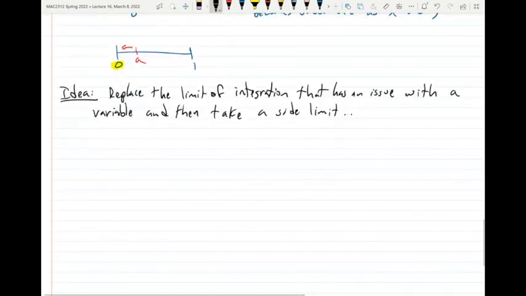I'm going to formalize all of this below, but let's see the example first.